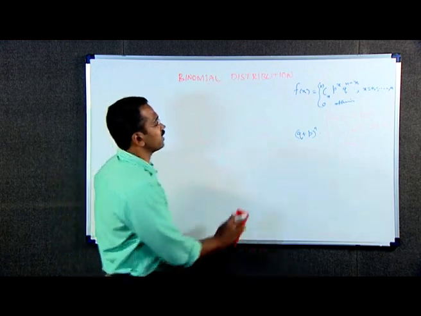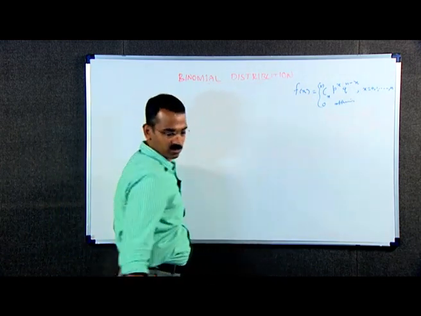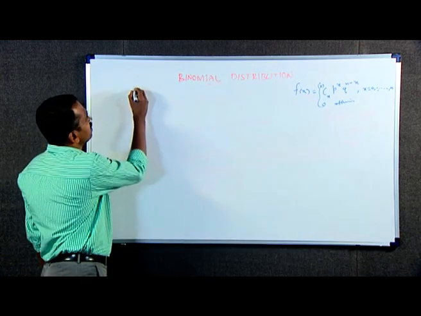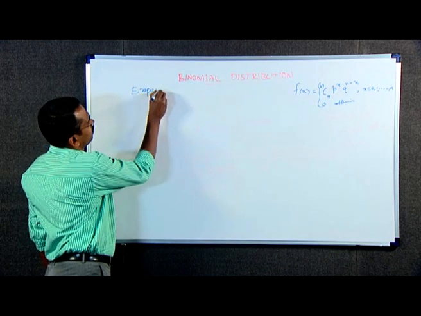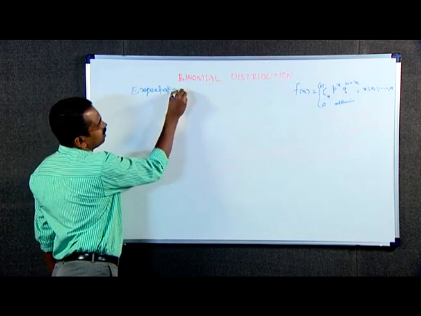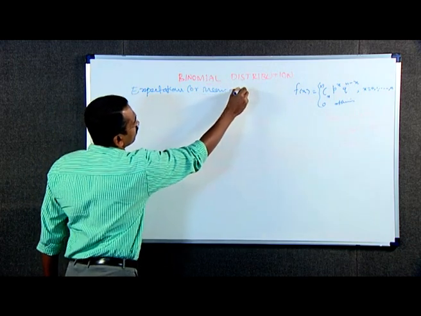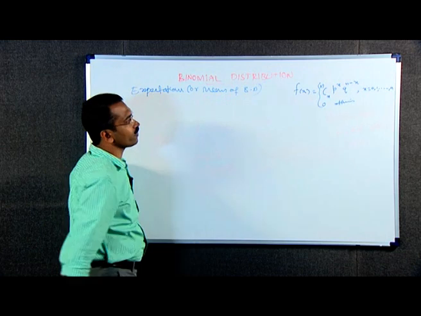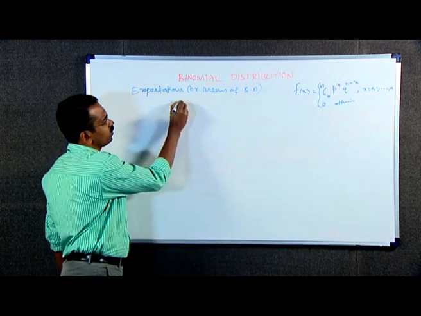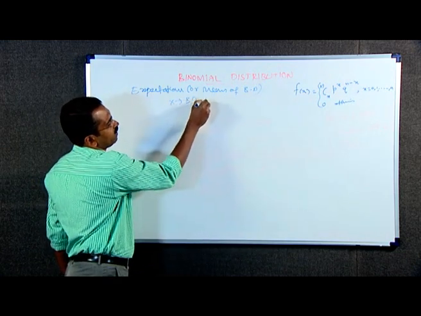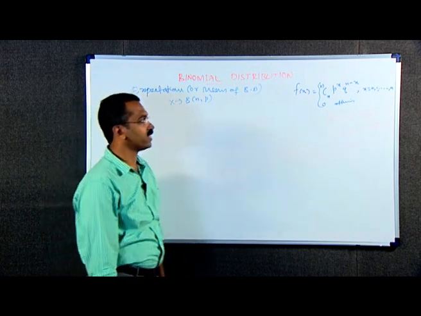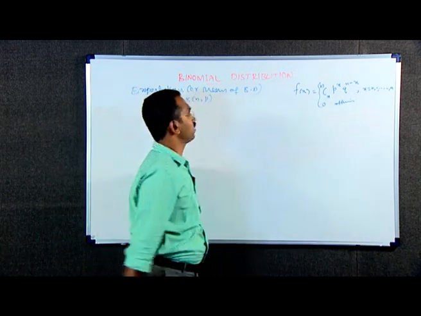Now, the expectation of binomial distribution, by definition, expectation or mean of binomial distribution. Let x follow binomial distribution with parameters n and p, then f of x is equal to this.